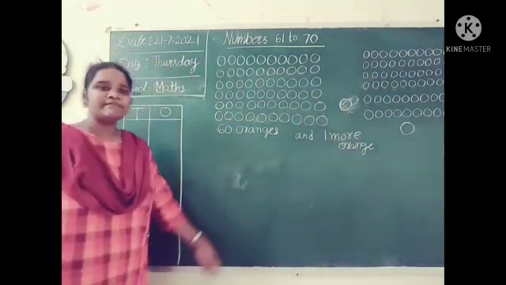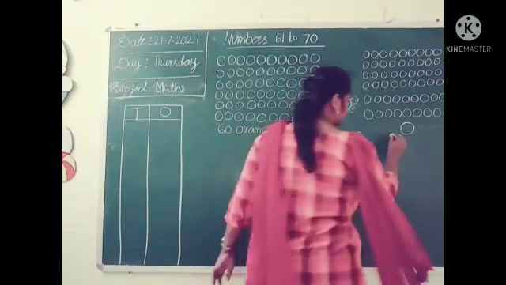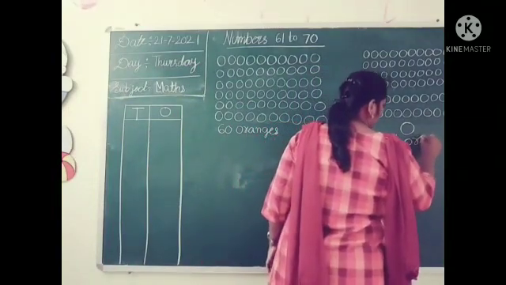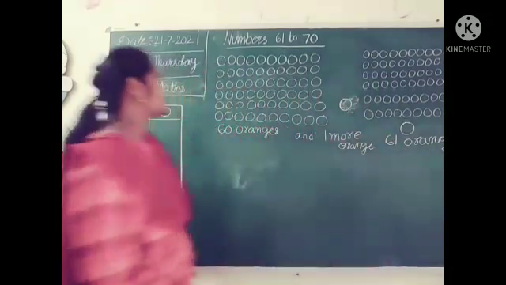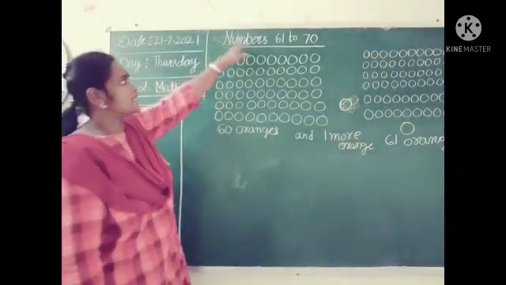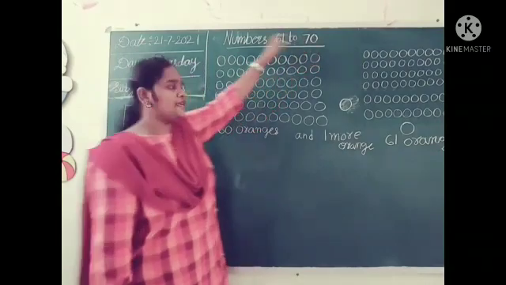Total how many? 61 oranges. Now we have 61 oranges. Yes. Today our topic is 61 to 70.